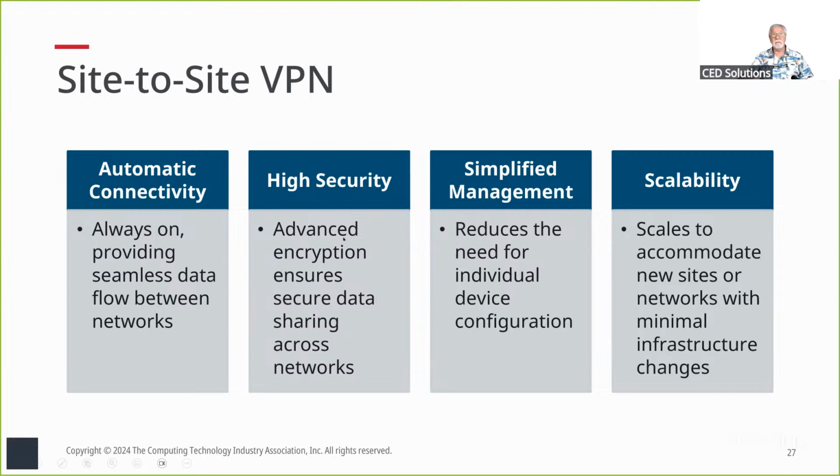The site-to-site VPN is what I was talking about earlier. You have a VPN gateway device on both ends. Again, like a home office and a branch office. It's very scalable. You can have multiple locations and all of them connected together in some type of round-robin connectivity. And you have a virtual private network connection that manages everything between the two sites. The gateway devices are what do it. Very highly secure.